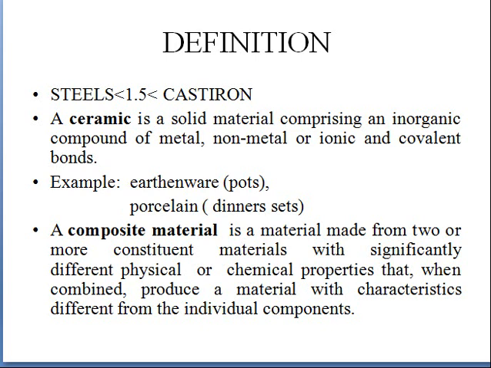So here is the definition of composite material. A composite material is a material made from two or more constituent materials with significantly different physical or chemical properties. When combined, they produce a material with characteristics different from the individual components. So here sand will have a different property, concrete will have a different property, cement will have a different property.